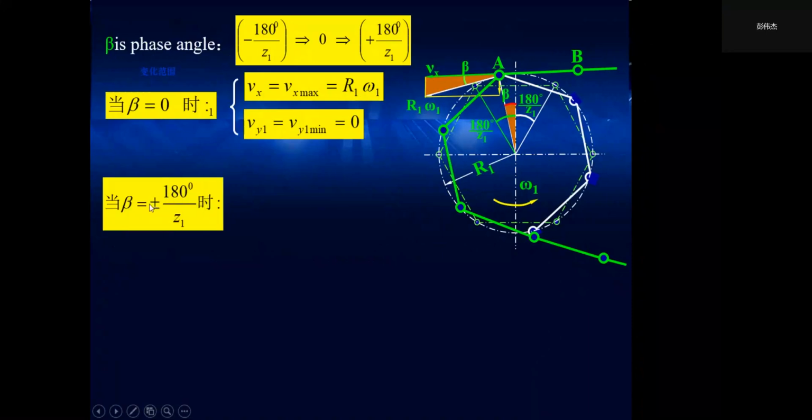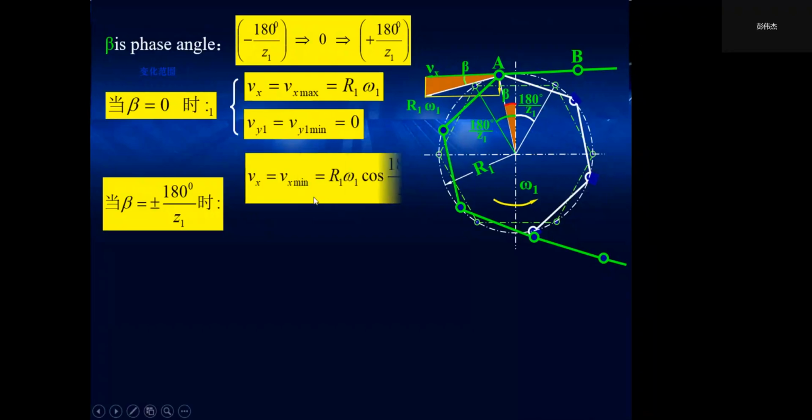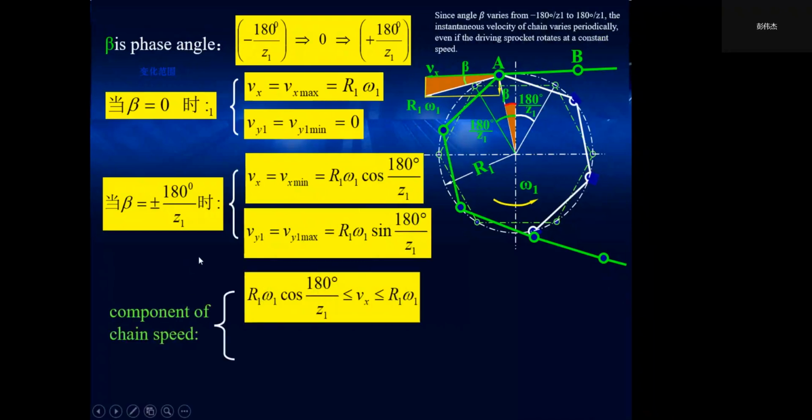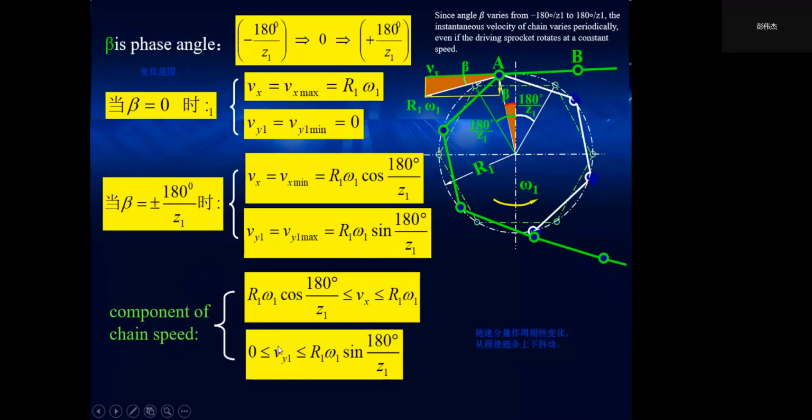And if beta is 180 degrees divided by Z1, then we obtain the minimum value of Vx and the maximum value of Vy. The Vx and Vy can vary from this to this and this to this.